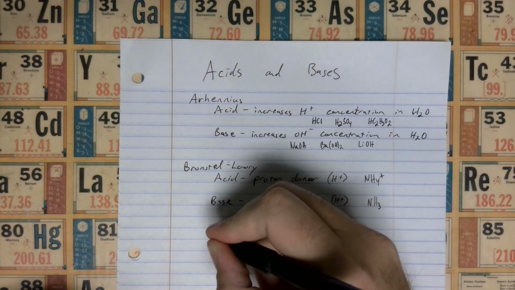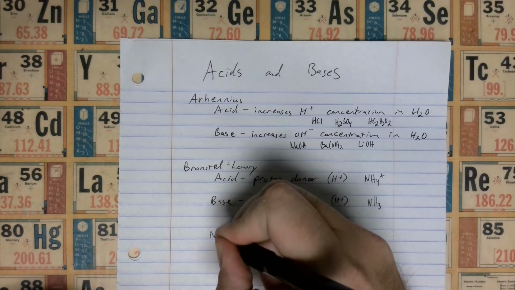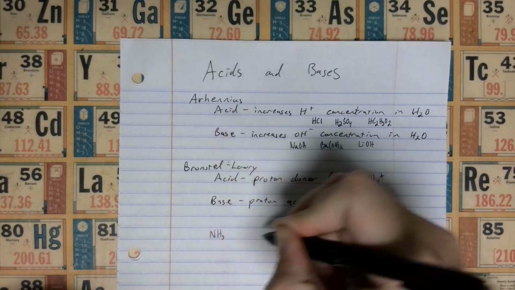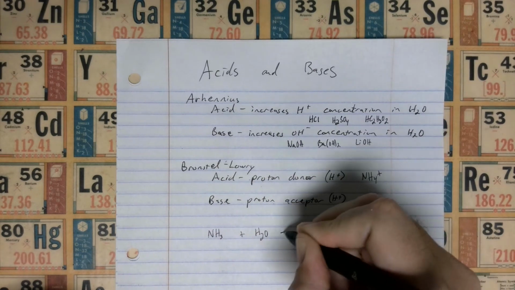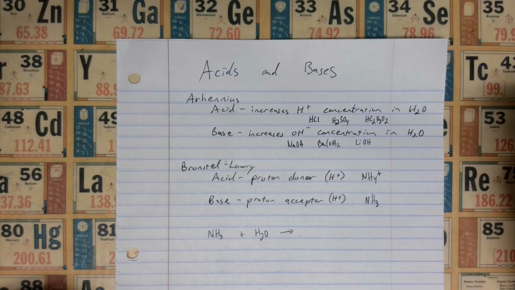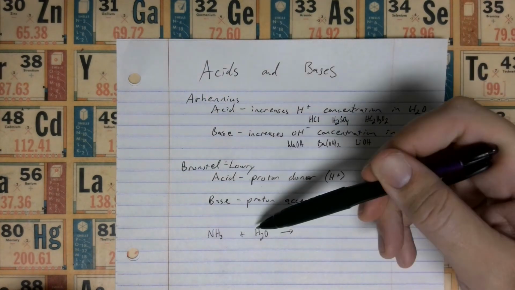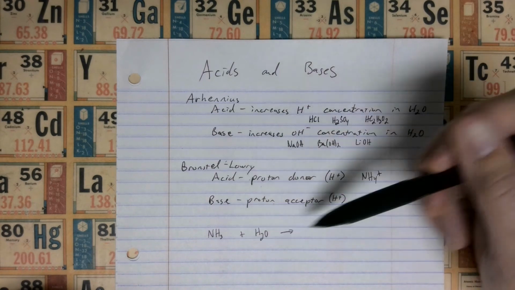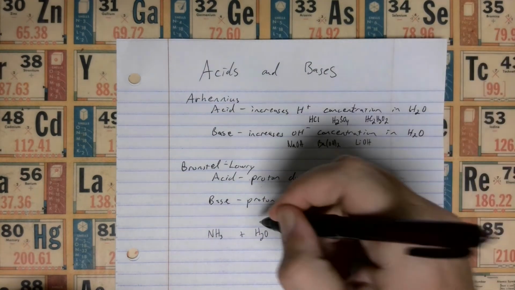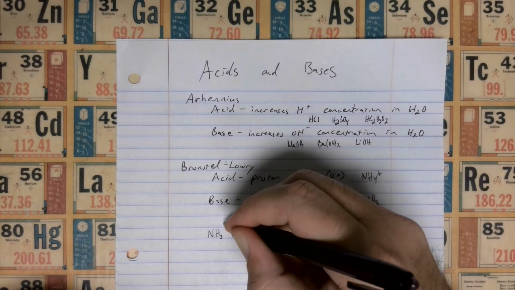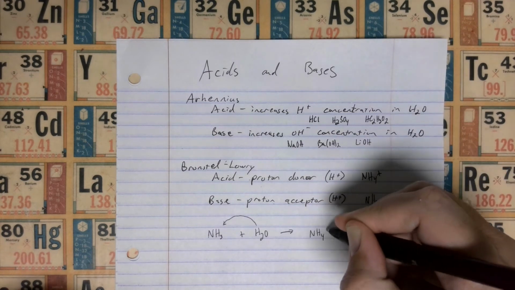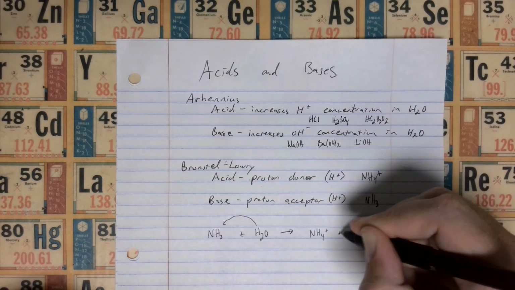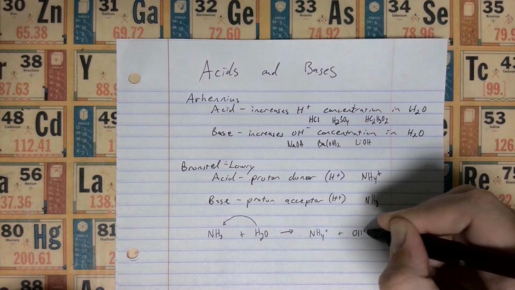So if we take something like NH3 and add it to water, what's going to happen is NH3 is the proton acceptor. One of these H's from water is going to go to the NH3, so NH4 plus is going to be produced, and we're left with OH minus.